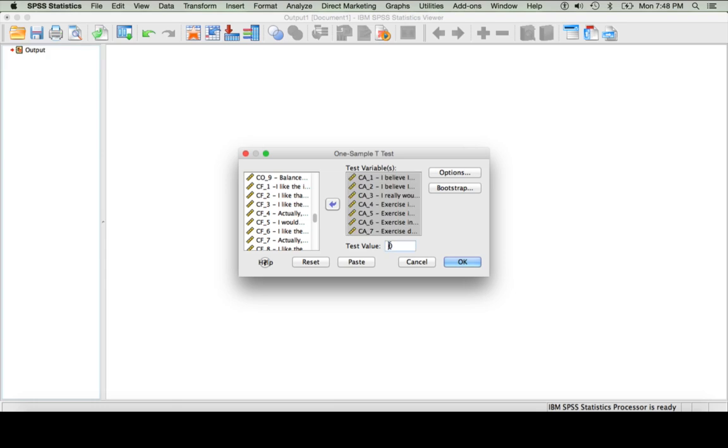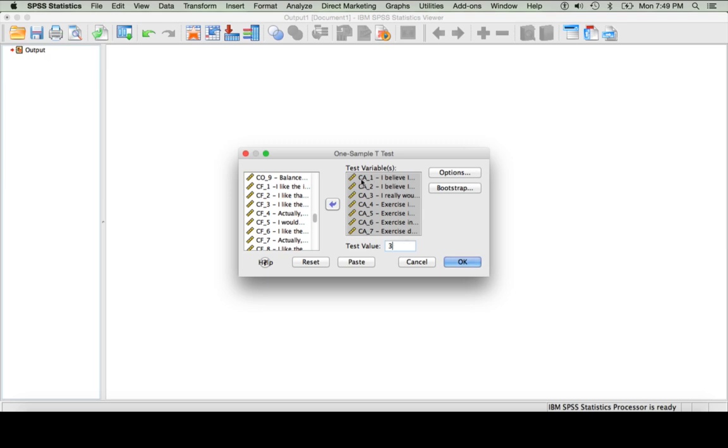And then for the test value, it's a 5-point scale. We could compare it to the low point of 1 to see whether the mean differed from the low point of 1. We could use a 5 to see if it differed from the high point on the scale of 5. Another possibility would be to compare it to 3, which is the neutral point on the scale. So we're going to look at these test variables and compare them to the test value of 3.